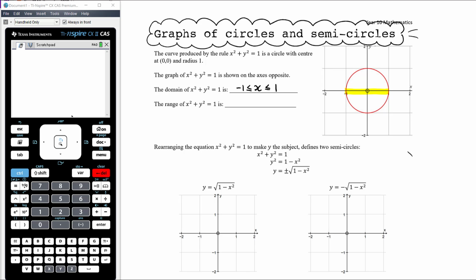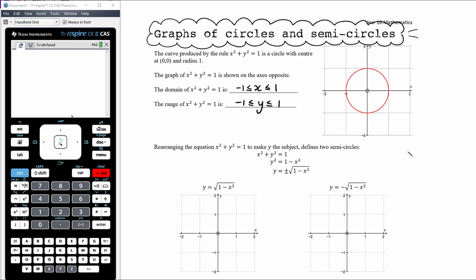In terms of the range, the y values for which the graph exists, again we can see it is restricted. It only exists from -1 to 1 as well. So the range is y is bigger than or equal to -1, which is less than or equal to +1. So we've got quite a limited domain and range when we're dealing with the circle.